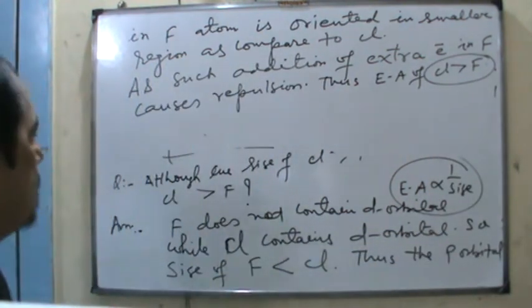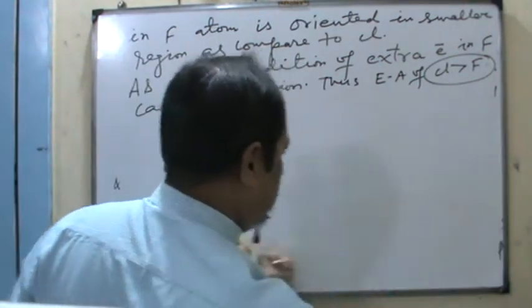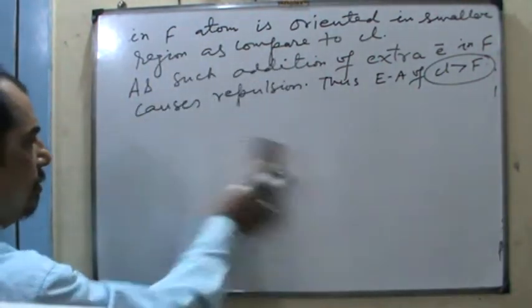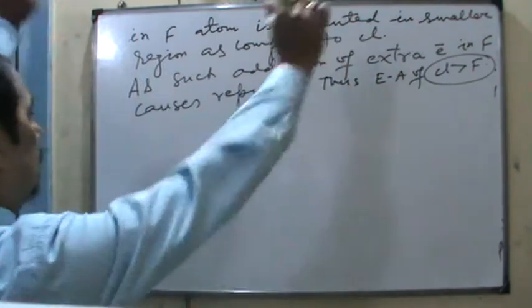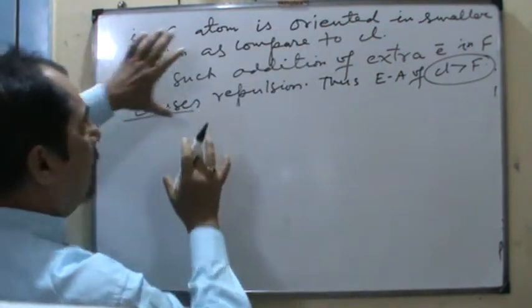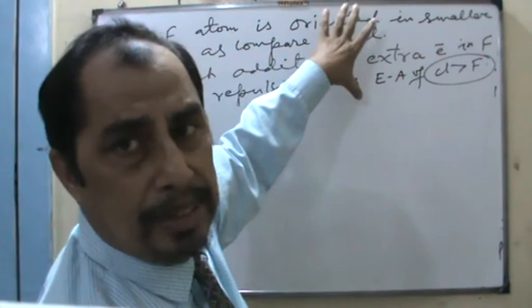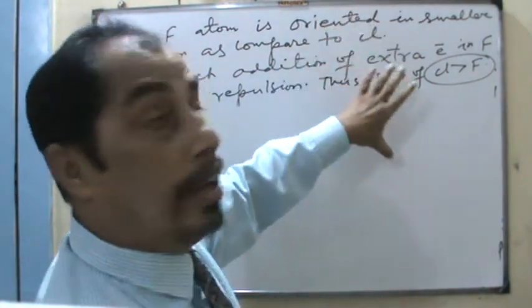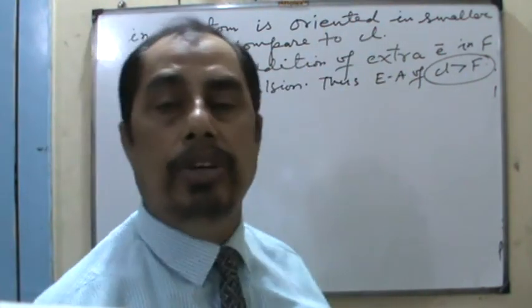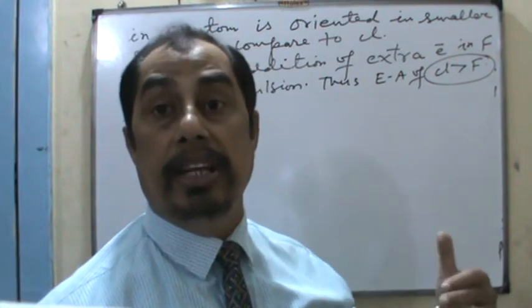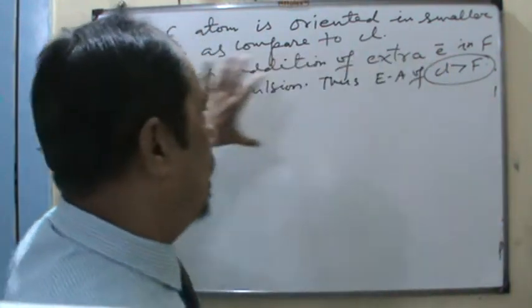See, once I give you the picture of fluorine, there is no need to write it in the paper. It is more than sufficient to write the answer. If the question comes, why the electron affinity of chlorine is greater than fluorine, then you have to explain like this.